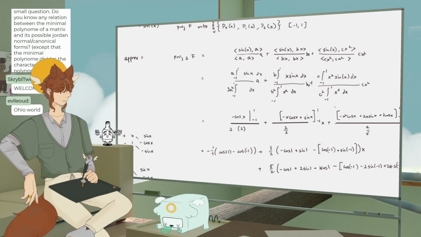I don't know what you mean by minimal polynomial of a matrix. I think I vaguely remember that, but I will say when we talked about Jordan normal form, it was about eigenvalues and how many you had.